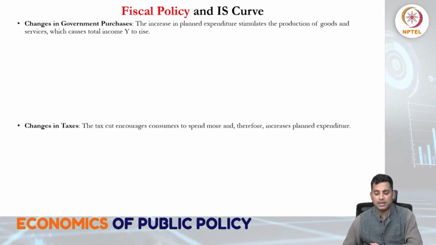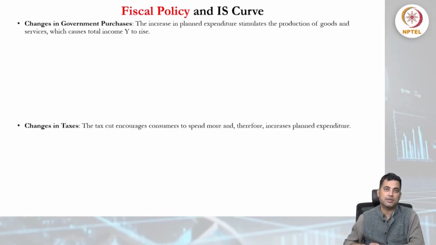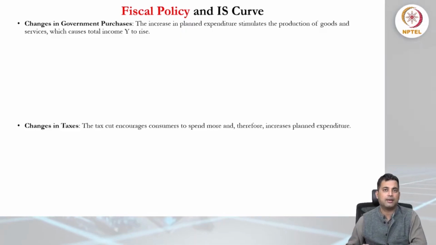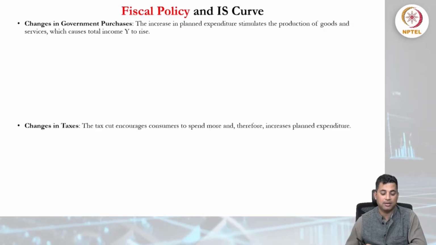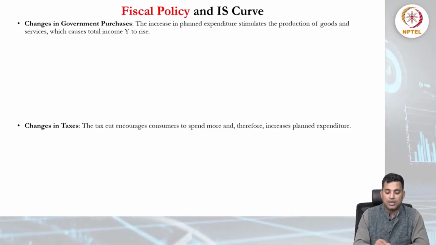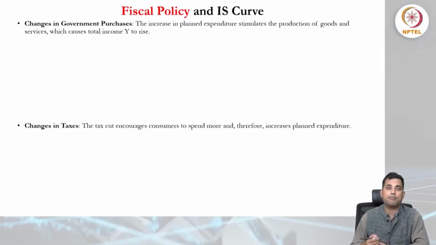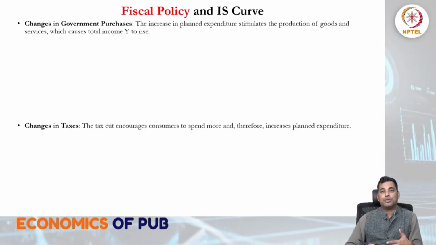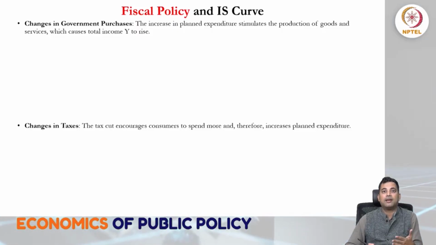So what happens with fiscal policy and the IS curve? Let us take just one example, since there could be many combinations of policy changes, and the others can be viewed through different practice questions. Changes in government purchases: fiscal policy can be introduced through two major components, government expenditure and tax.